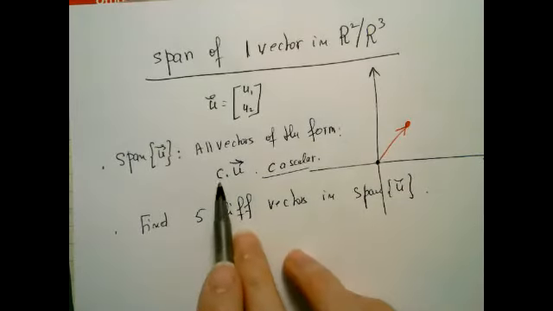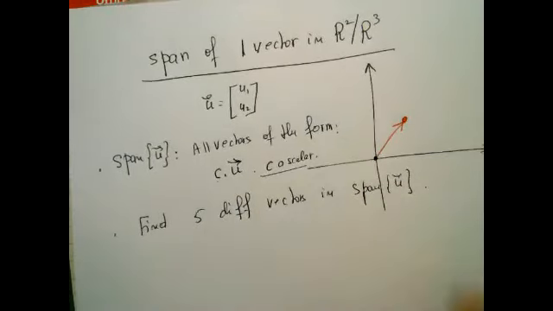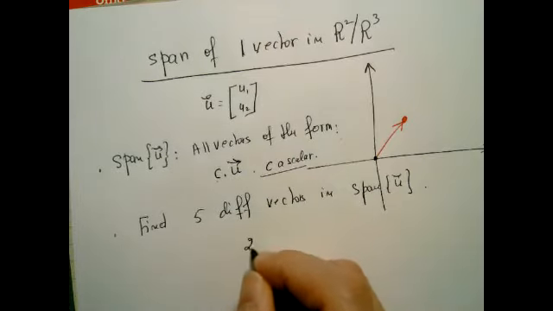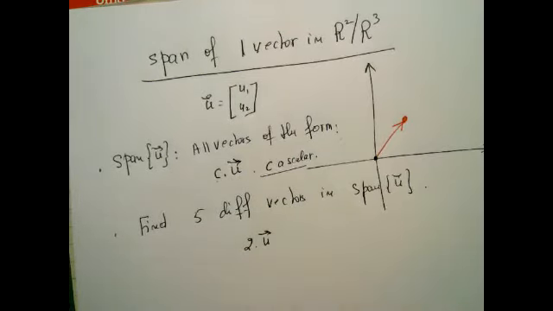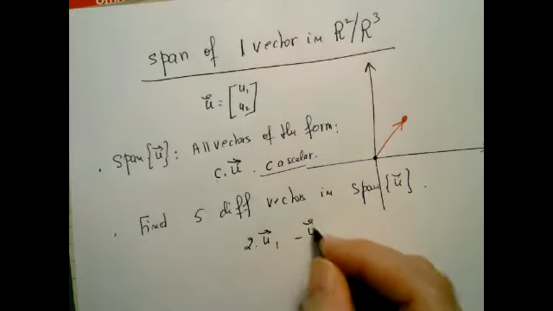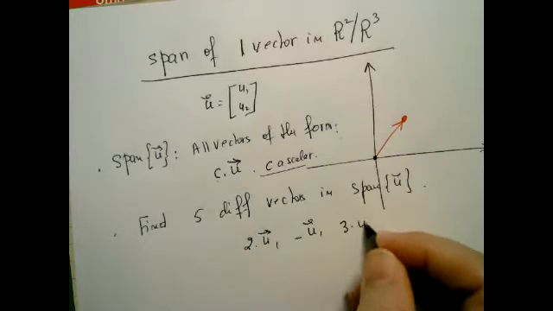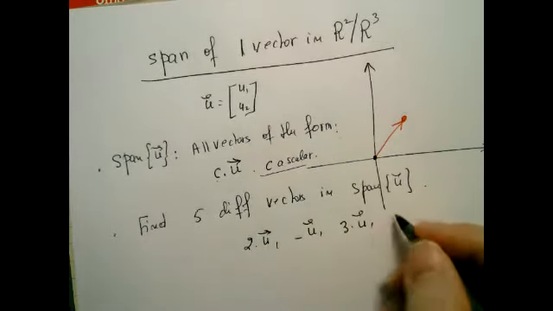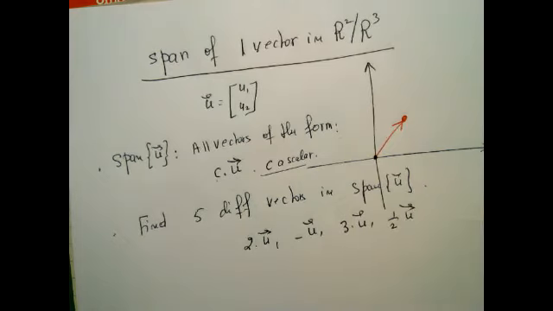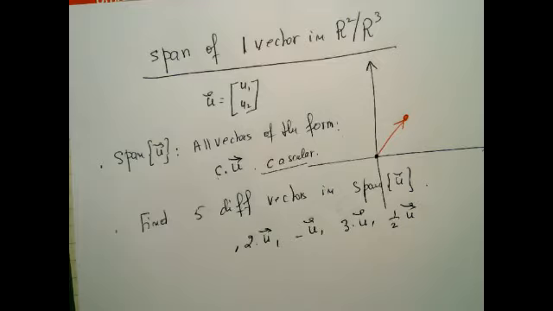It means 5 vectors of the form a scalar times U. So 2U. Basically, you're scaling it. Minus U. 3U. And so on, half U. That's what are the vectors in the span. And there is one which is very important: the zero vector.